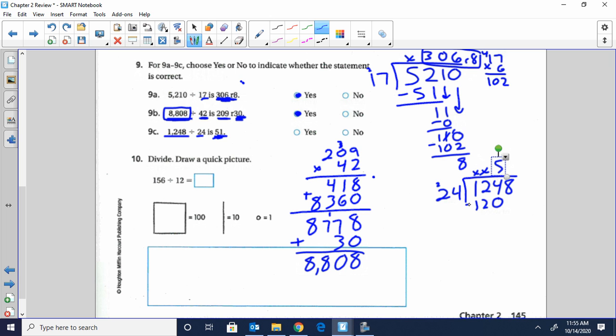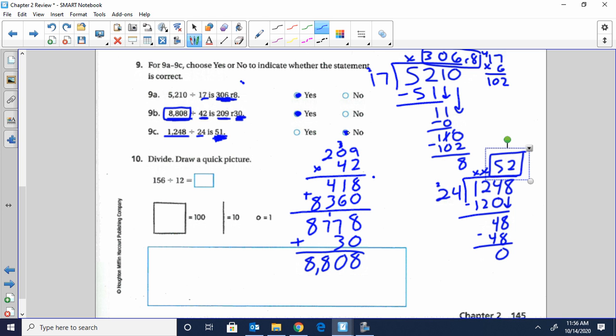That works. Bring down, subtract, bring the 4. Bring down my 8. 24 goes into 48 2 times, because 24 times 2 is 48. Subtract, I get 0. My answer is 52. They said it was going to be 51. That is not correct. So that is incorrect there. So you can either use multiplication or division to check these problems.